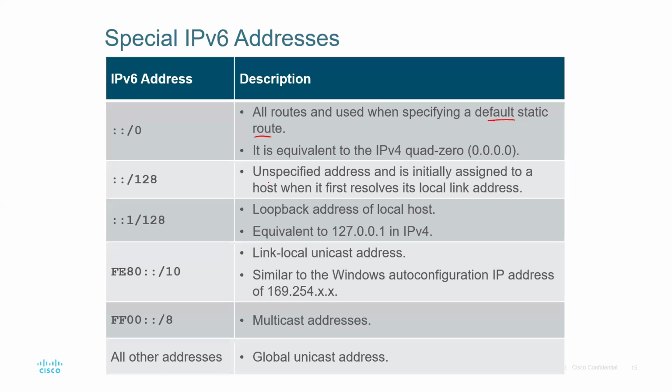Right, toenda pa unspecified address and is initially assigned to a host when it first resolves its link local address. I don't think we had an unspecified address in IPv4, but basically in IPv6, an unspecified address basically represents the absence of an address. Panotanga kupinda a device network, inenge isina address.